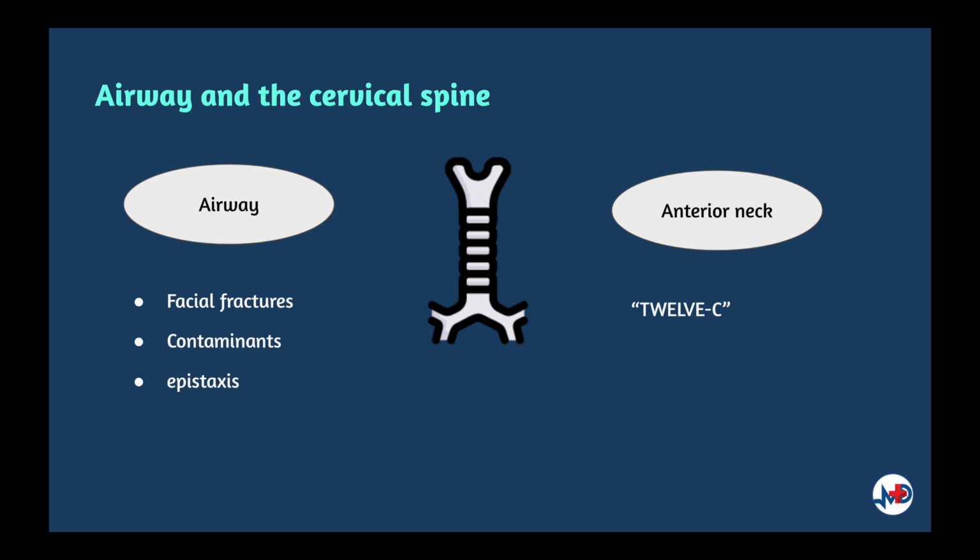The airway doctor should then examine the anterior neck to look or feel for the following 12 C's. Look for the tracheal deviation, wounds, emphysema, laryngeal tenderness or crepitus, venous distension, esophageal injury, and carotid hematoma.